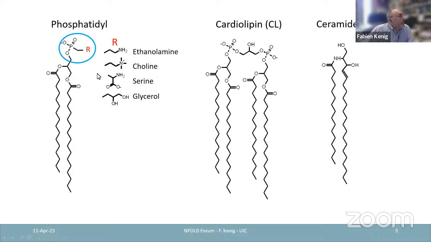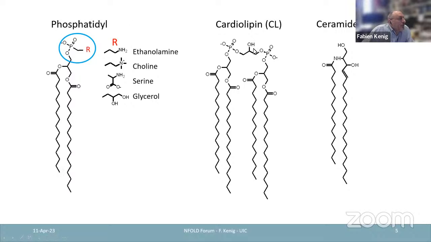That constitutes the polar head of the molecule, and we have the hydrophobic part of the molecule with the two fatty acid substituents that can have a different conformation, as noted on the previous slide.